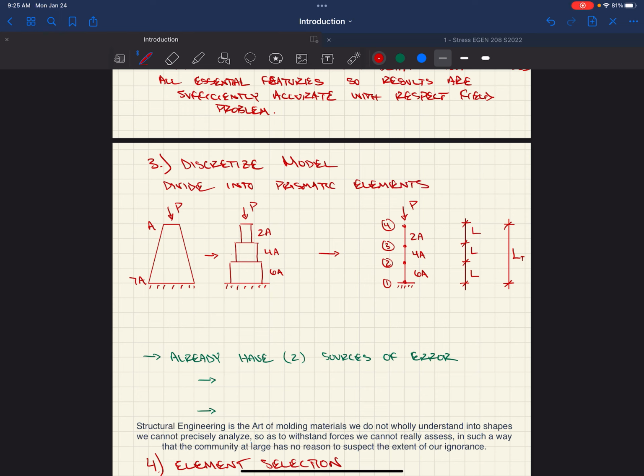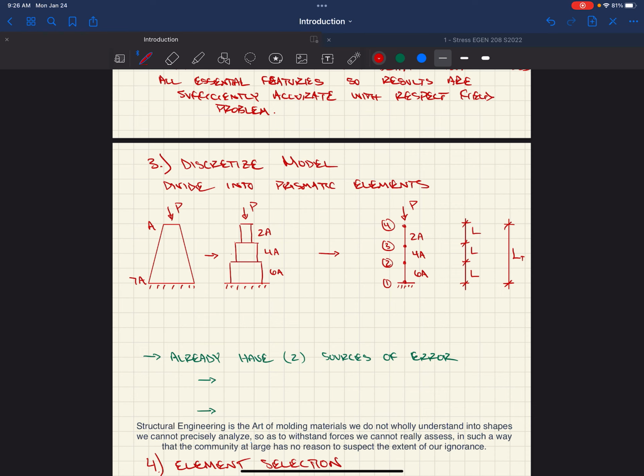So if we start out with this tapered column, with a linear taper from an area of A down to 7A, I'm going to discretize or separate this column into 3 separate finite regions that are prismatic.